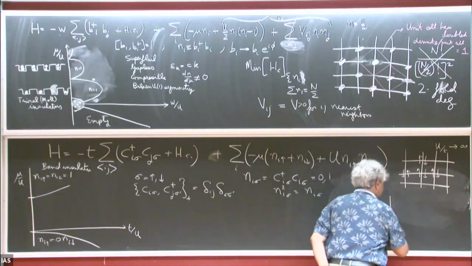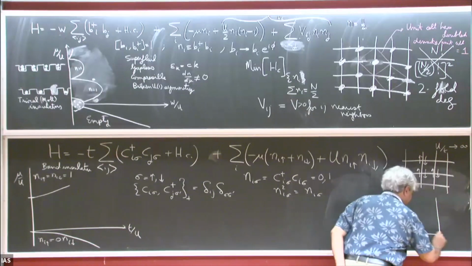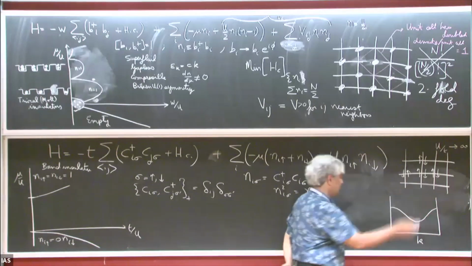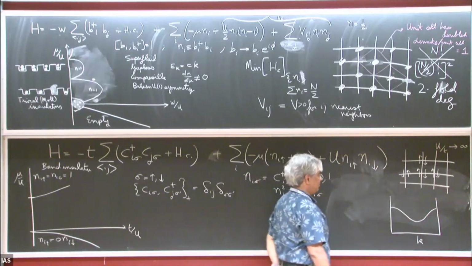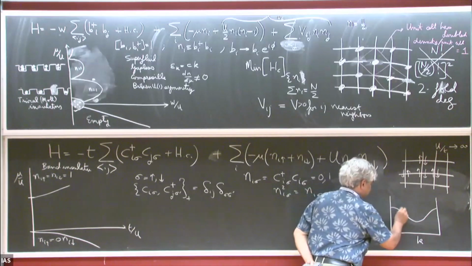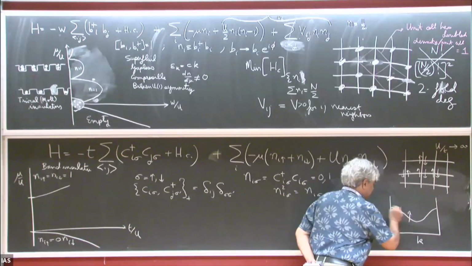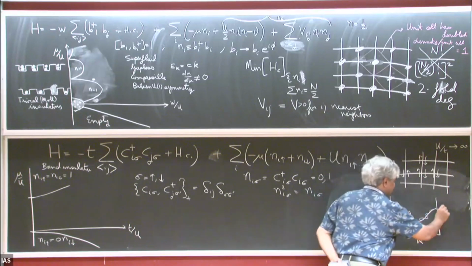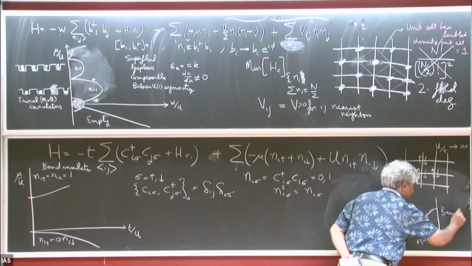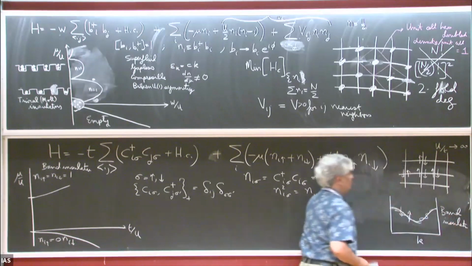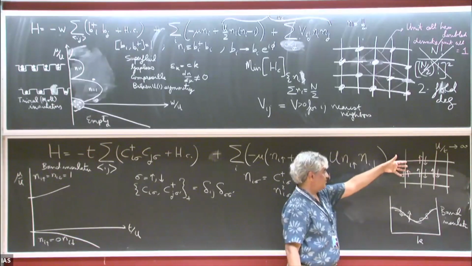Well, now you have to think in momentum space. In momentum space, there's a band of some type. It's going to be two dimensional, but anyway. There's only one band in this model, and this band is fully filled. So it's spin up and spin down, and all states are filled. So in this way of seeing it, this is a band insulator.